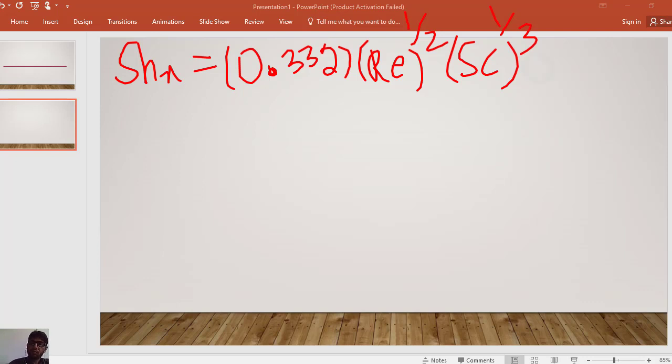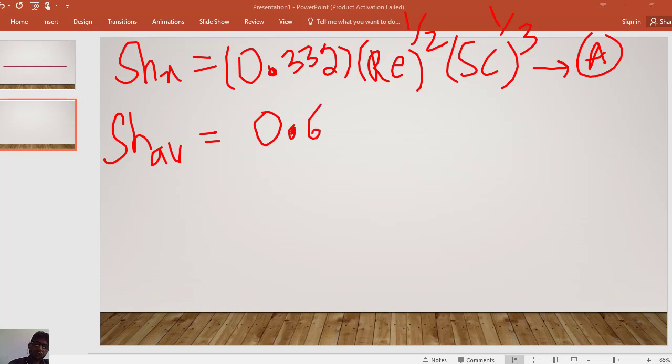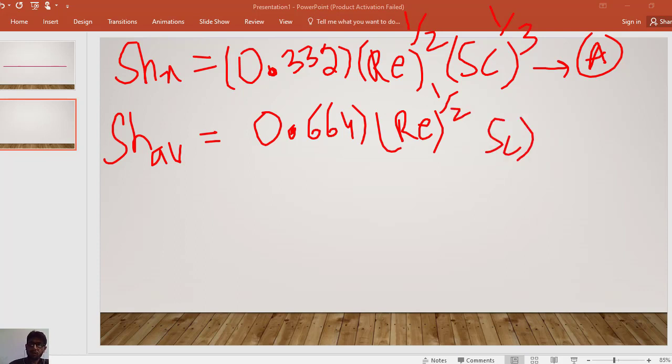Suppose this is equation number 1, equation A. Suppose we also know that the average Sherwood number is equal to 0.664 times the Reynolds number to the power 1/2 times the Schmidt number to the power 1/3. This is equation number B.